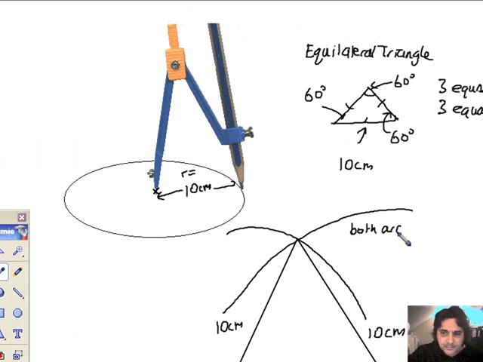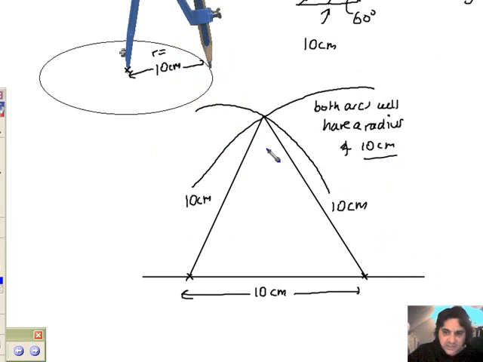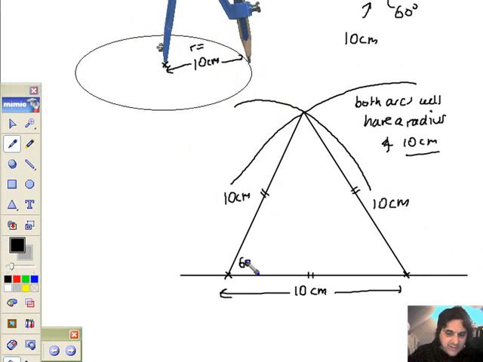Both arcs will have a radius of 10 centimeters, and so 3 tens, therefore that equals that equals that equilateral triangle, and you can guarantee therefore with 3 equal lengths you're going to have 3 equal angles. Therefore you have a set of 60s, 3 60s, 180, and you've just constructed an equilateral triangle.